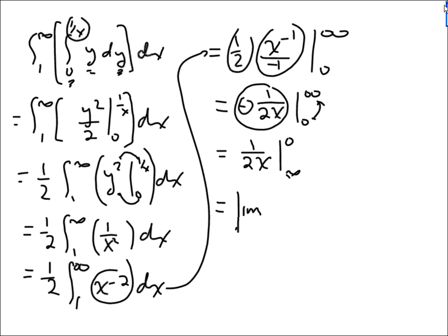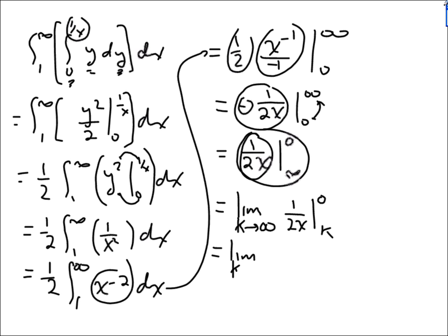So you have to play this game. Take the limit as k goes to infinity of this. And now we just plug in the upper and lower limit. Excuse me, it was from 1 to infinity.